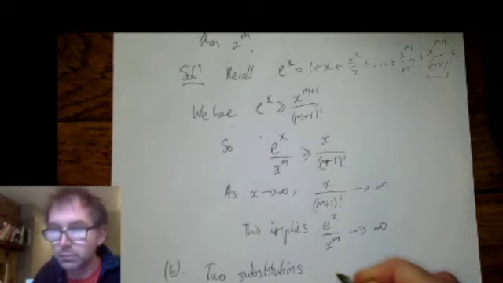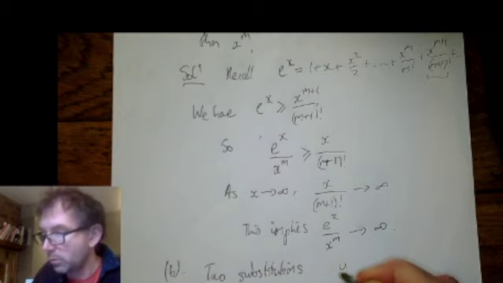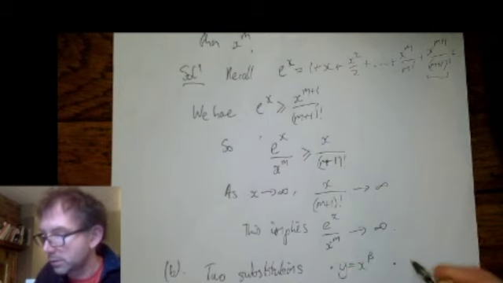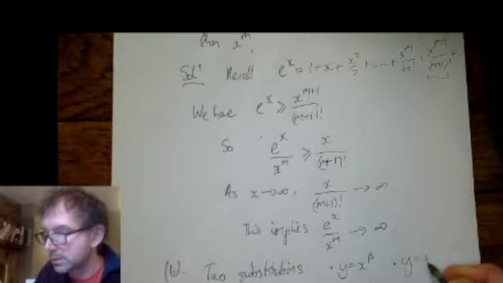So first of all, to say that y is x to the beta, and then after that we're also going to want y is e to the z.